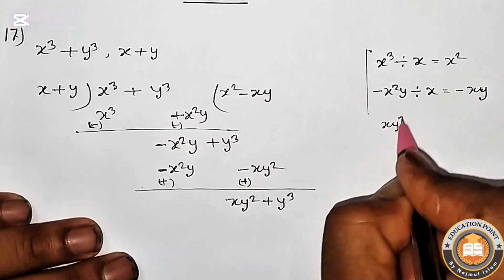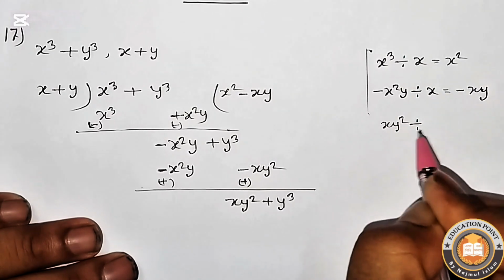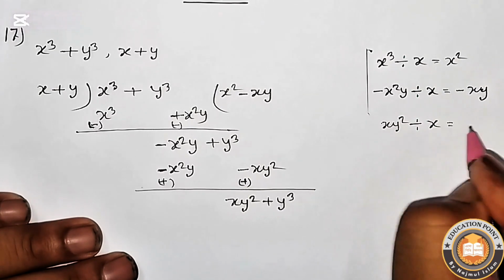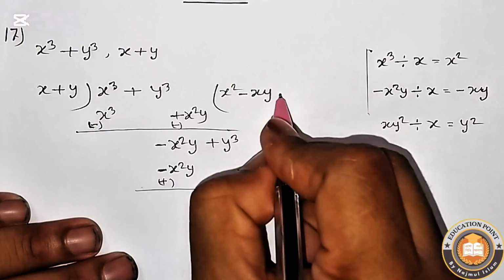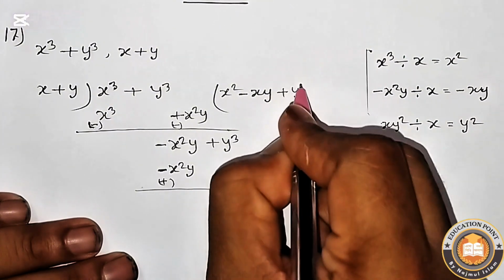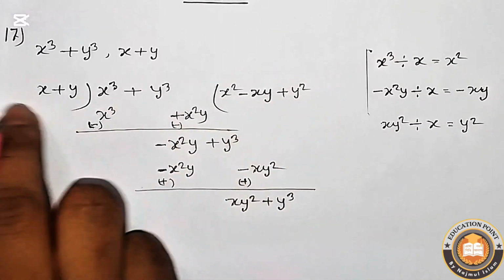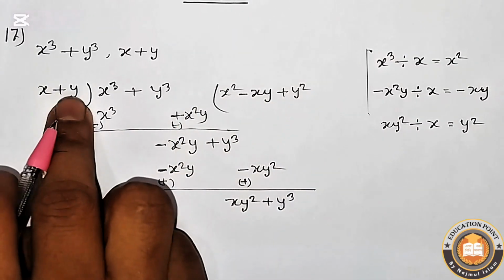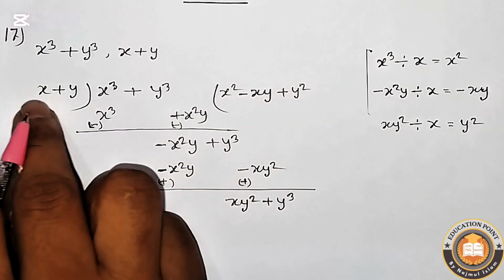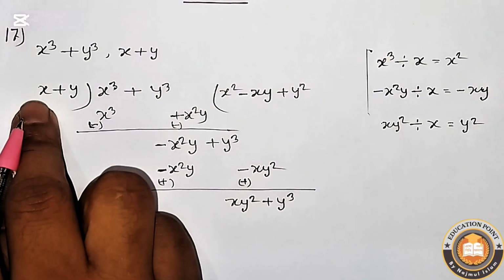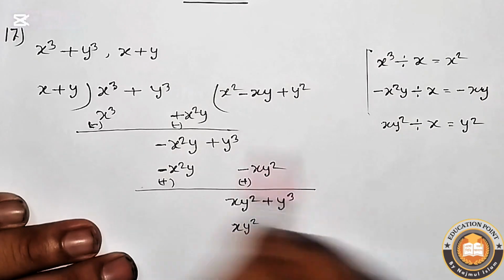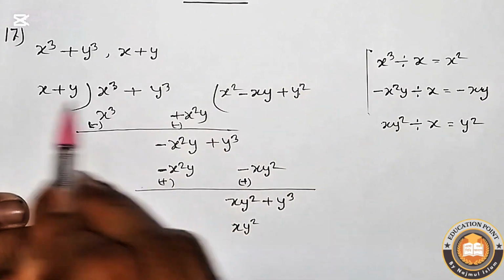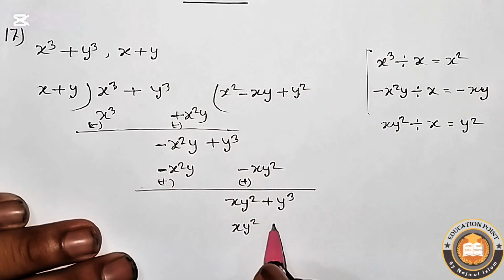Now xy square divided by x equals y square. That means plus y square multiplied with x plus y. At first y square multiplied with x equals xy square. Then y square multiplied with y, that means plus y cube.